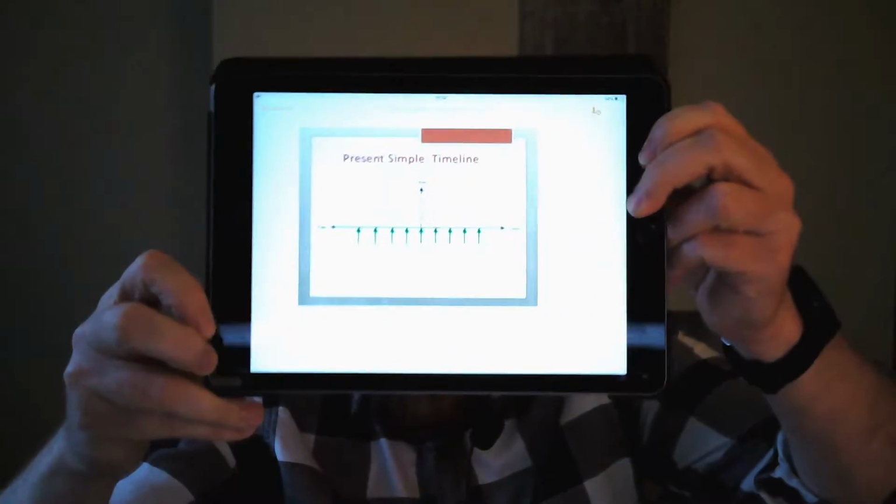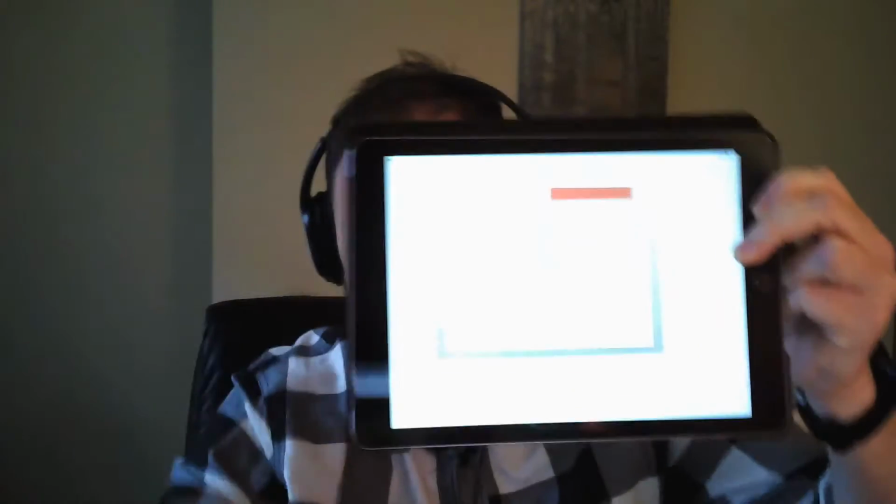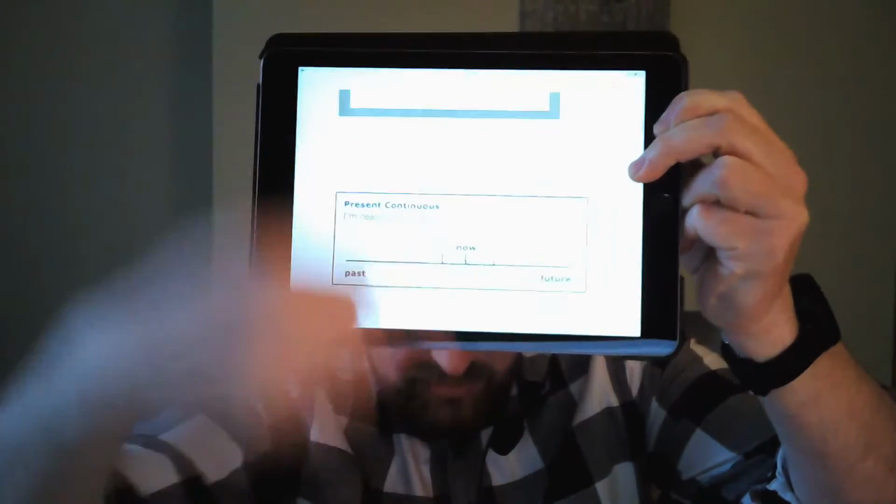So again, timelines help some people who like to visualize these things, but every weekend repeated, so that's present simple, but present continuous is now. So we're in the middle of it. So in this case, we need to have present simple, not present continuous.